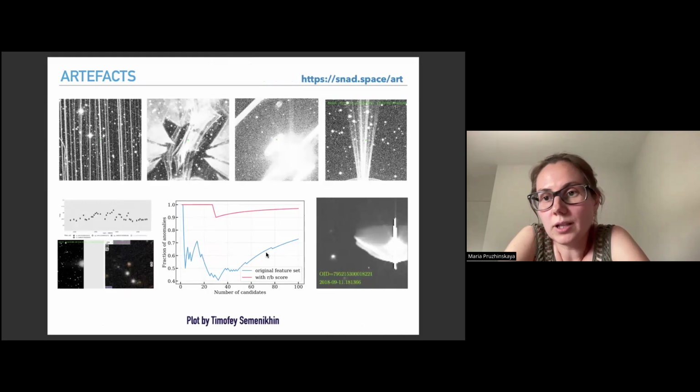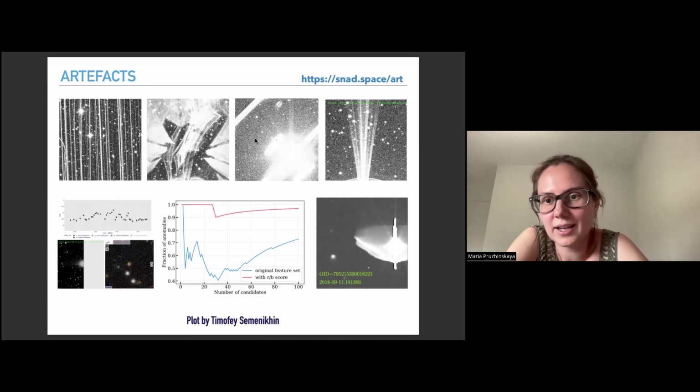Among outliers, there are plenty of artifacts, and in the beginning of our studies, it was really a problem, because if you simply run some isolation forest algorithm, the first 100 objects with the highest anomaly scores will be some artifacts.